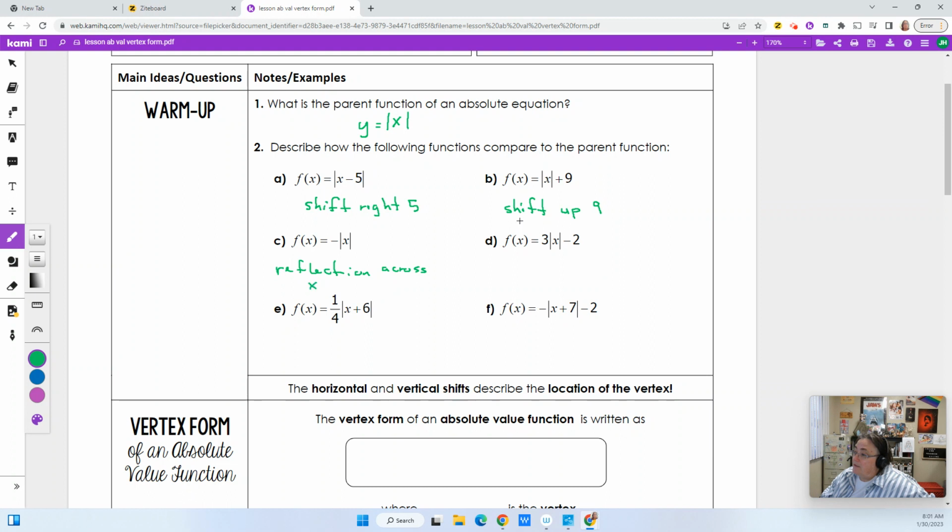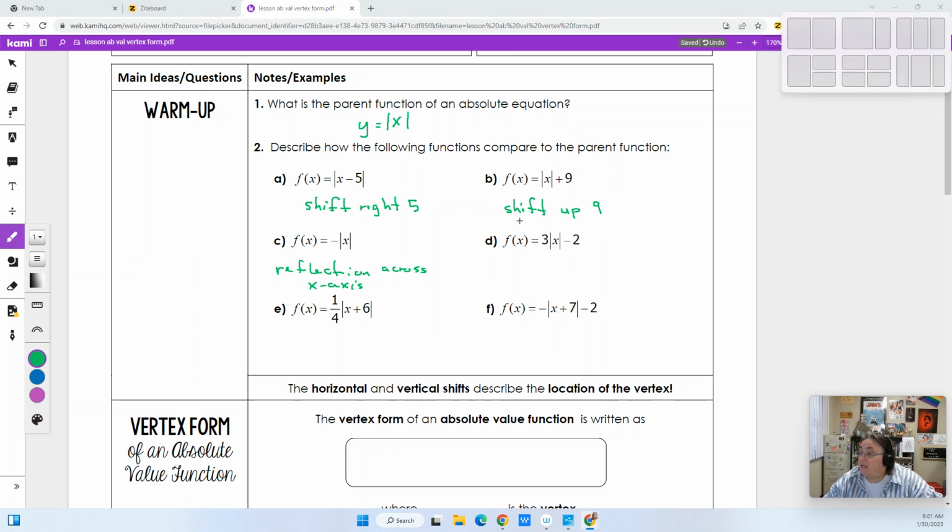And this 3 on part D that we have, when it is on the outside, that isn't a reflection. This is a vertical stretch. Remember, if it was greater than 1, we had a vertical stretch. If it was less than 1, we had a compression.